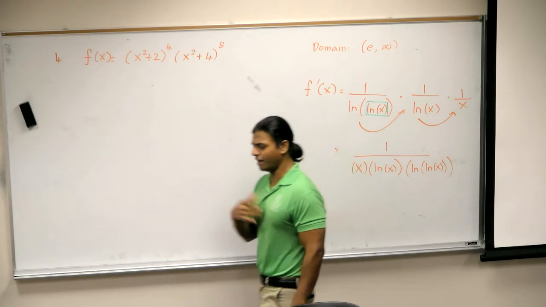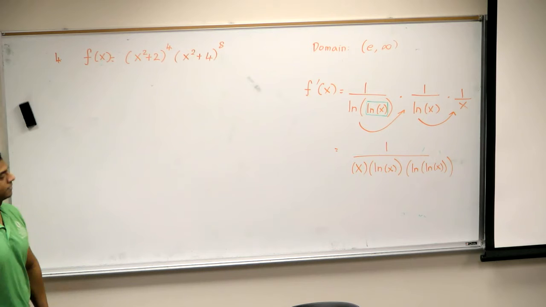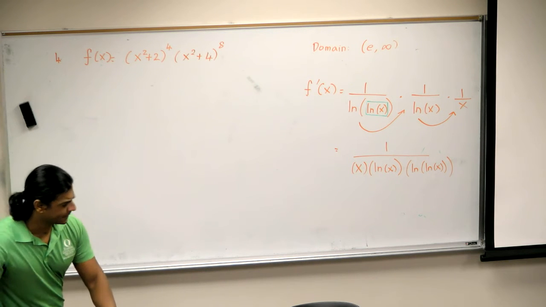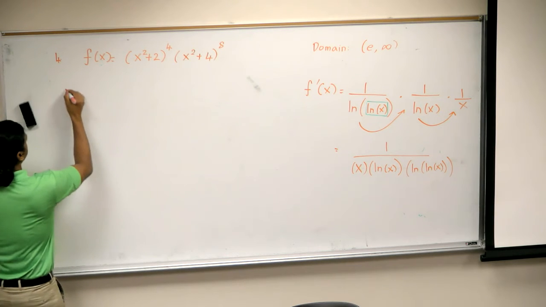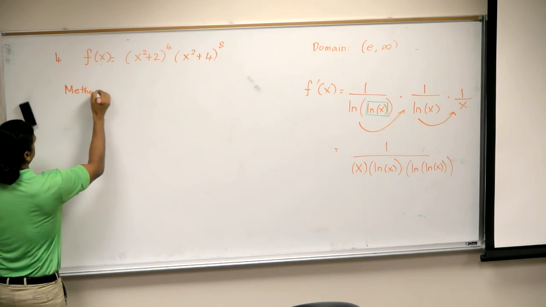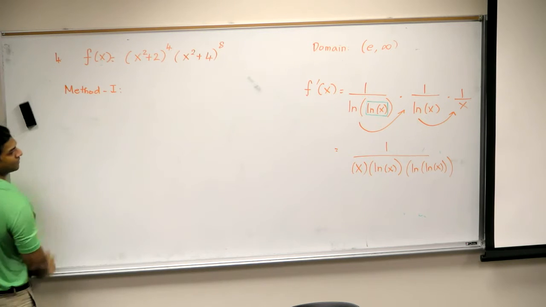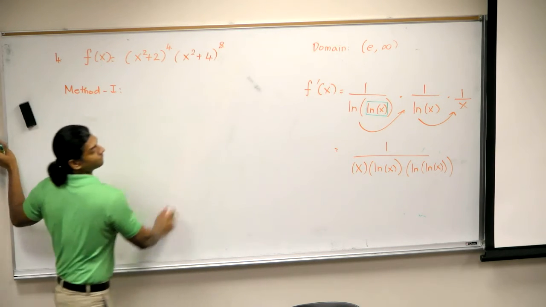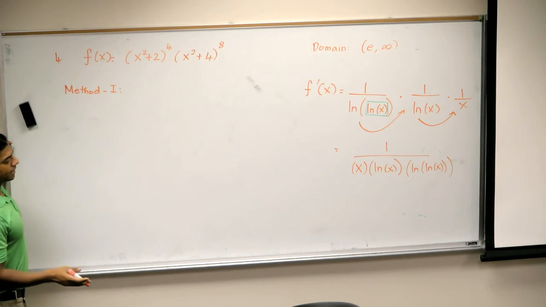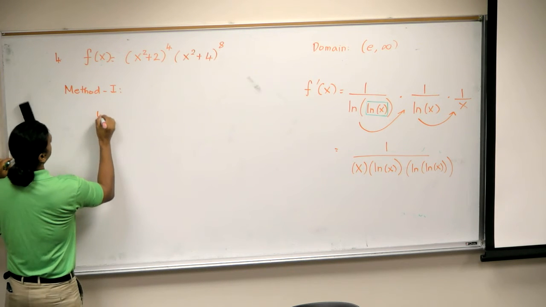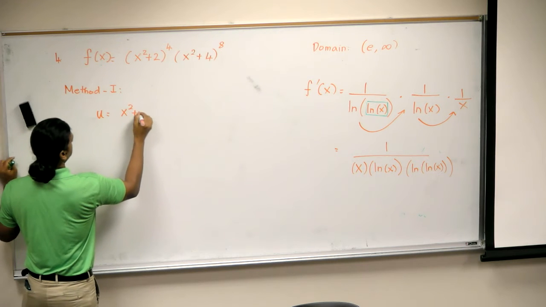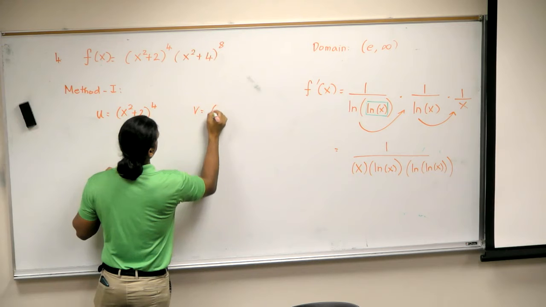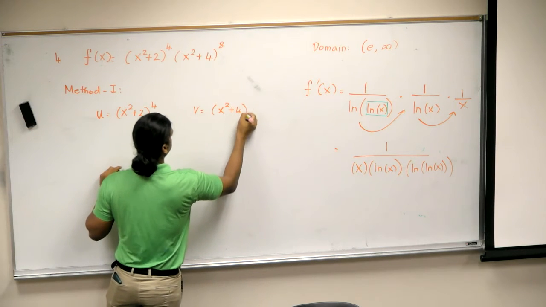Product rule, how? Product followed by chain, right? So this is method 1. I could call u to be x squared plus 2 raised to 4, and v to be x squared plus 4 raised to 8.